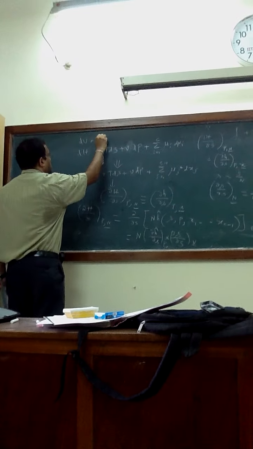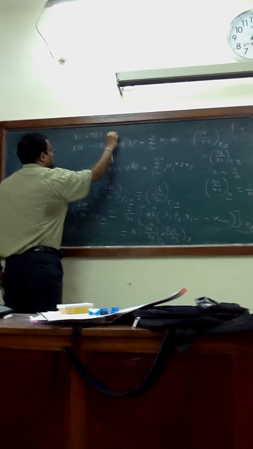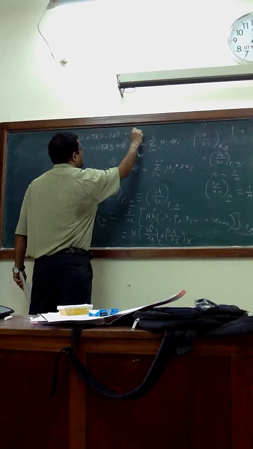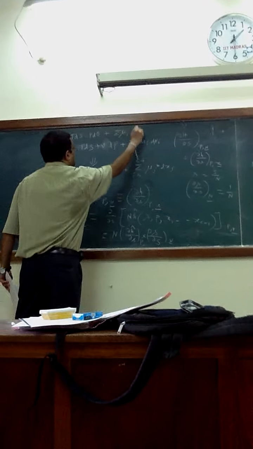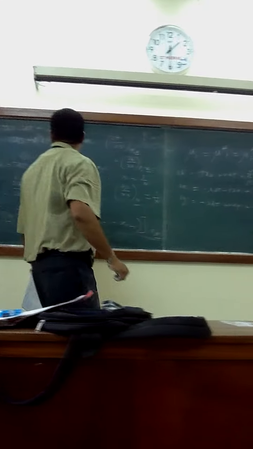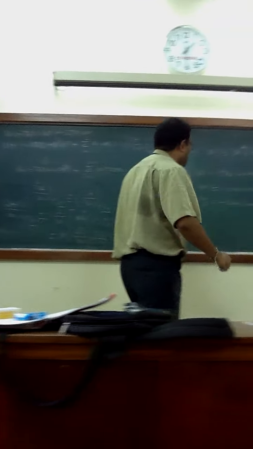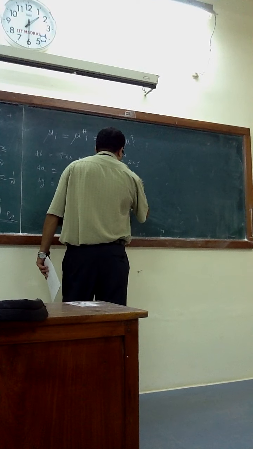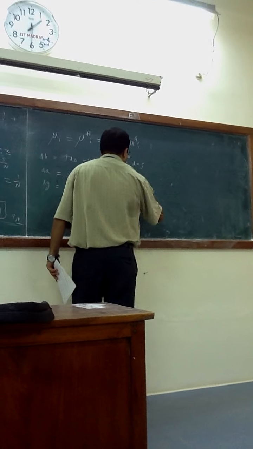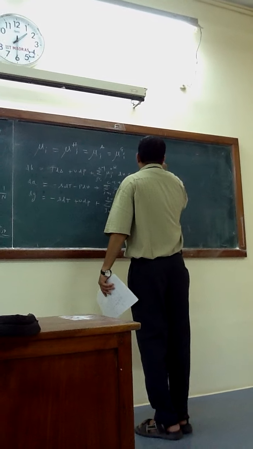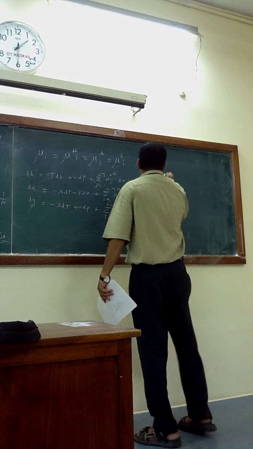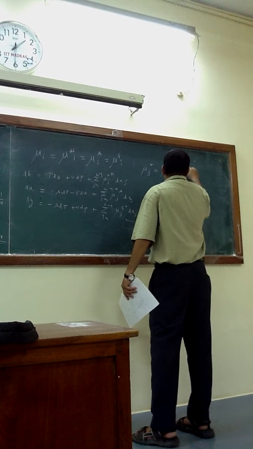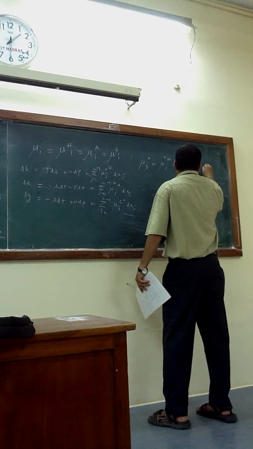dU equals to TdS minus PdV, okay? Plus summation mu i dni, j equals 1 to C minus 1 mu j g star dxj. So from the same you can write mu i j star, mu j h star, mu j a star, mu j g star.